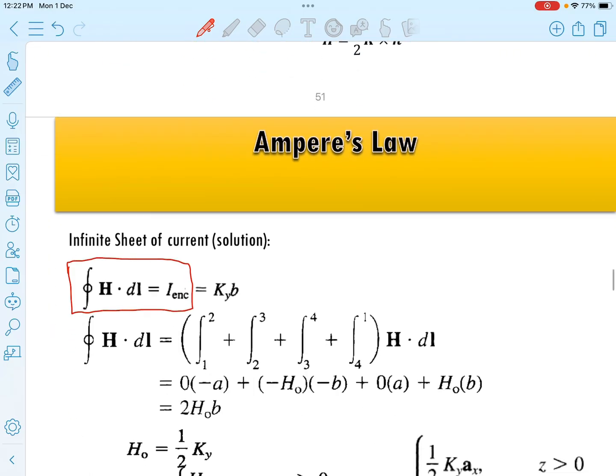In this case, we don't have the I, but we have K, the current density. The unit of current density is ampere per meter.